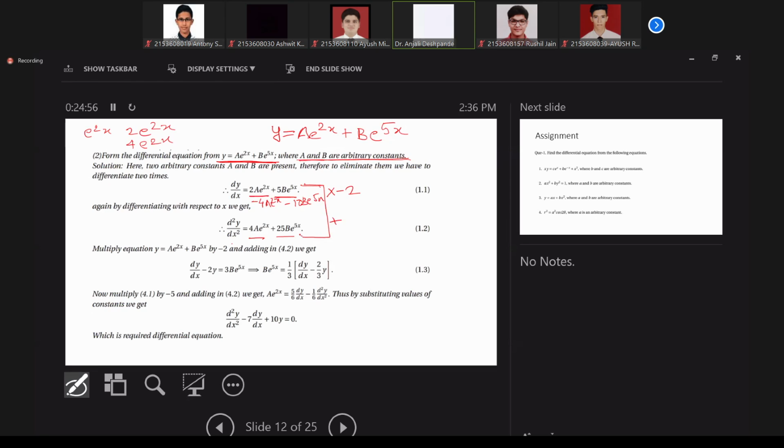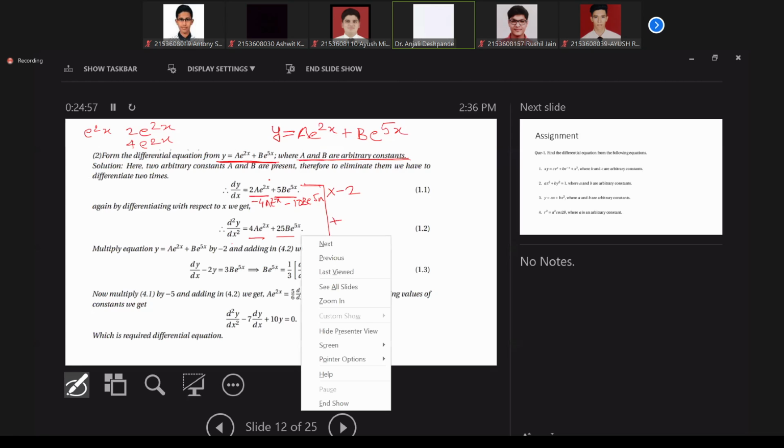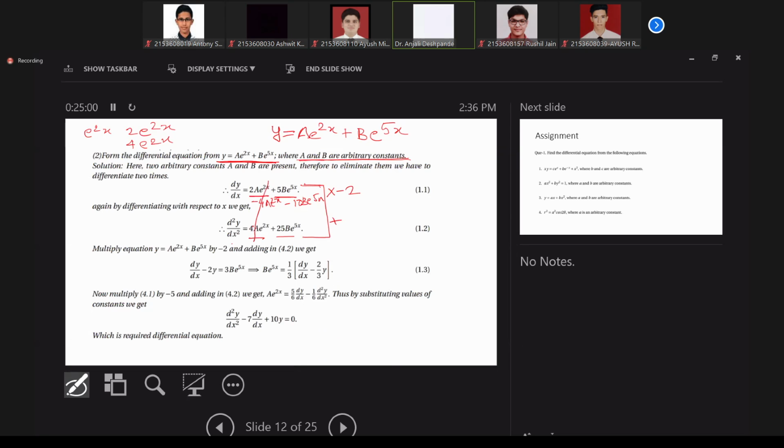If you add this, then this term will get cancelled. We will have 15b e to the power 5x, and this side you will have -2 dy by dx plus d2y by dx square, right?